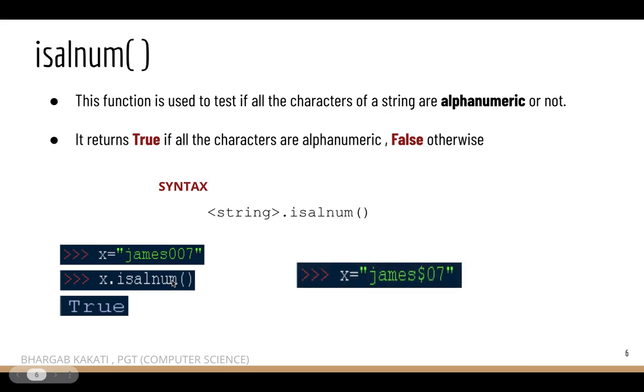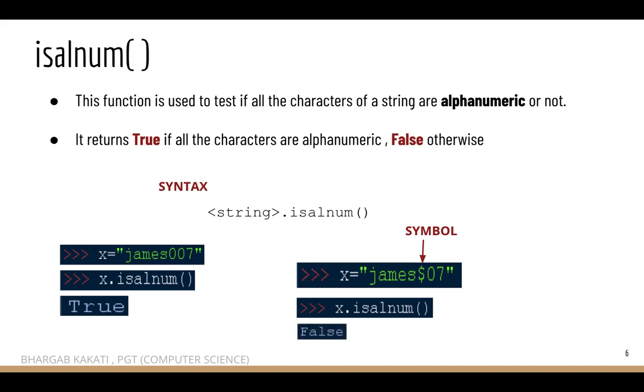Let's consider another example like James$07. Are all the characters only numbers and alphabets? No. Here we have this dollar, which is a symbol, and since we have at least one character which is not alphanumeric, on giving x dot isalnum, it will give me the result as false.